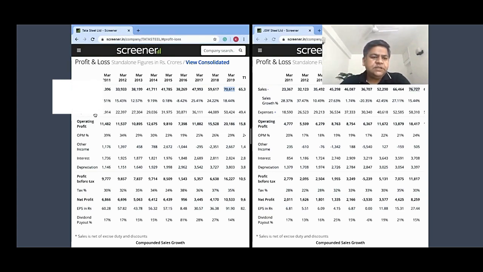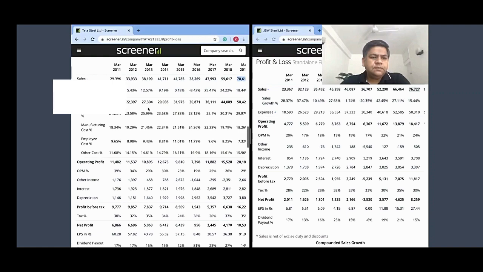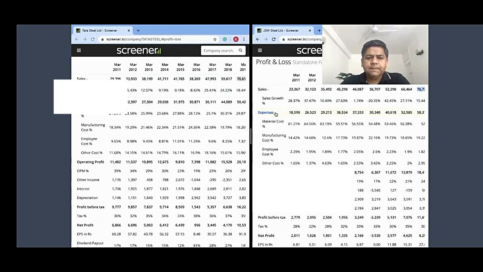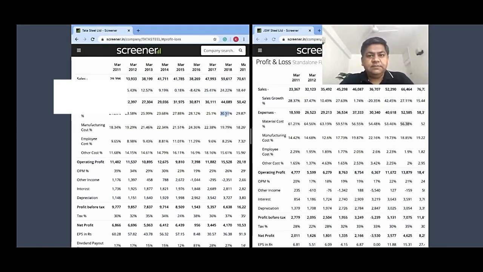Now expenses. If you see material cost, for JSW Steel it is 56%. For Tata Steel it is 30%. Now, they are producing the same stuff, steel, so what would be required for the material? Iron ore.